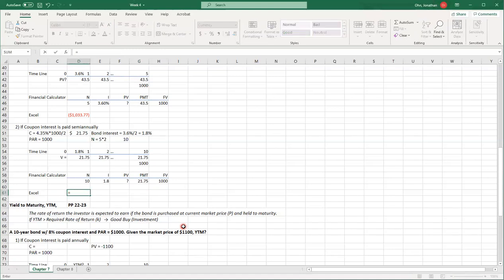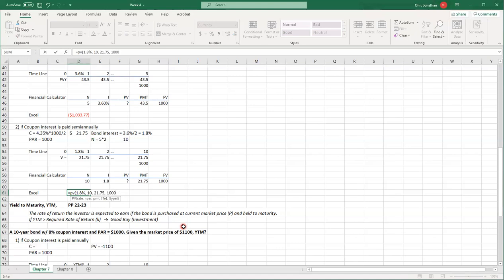Let's do this in Excel. Present value. You are given this formula. The rate is 1.8%, and then the end period is 10, and then payment is 21.75, and then 1,000. That's the future value.